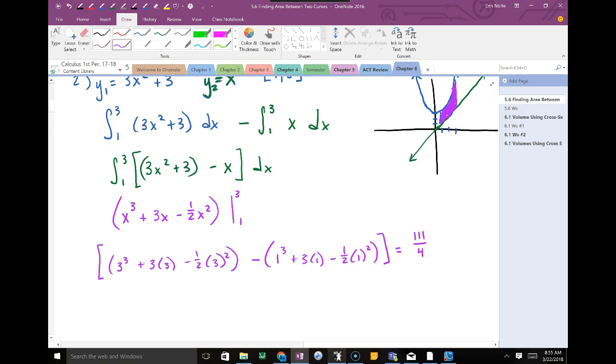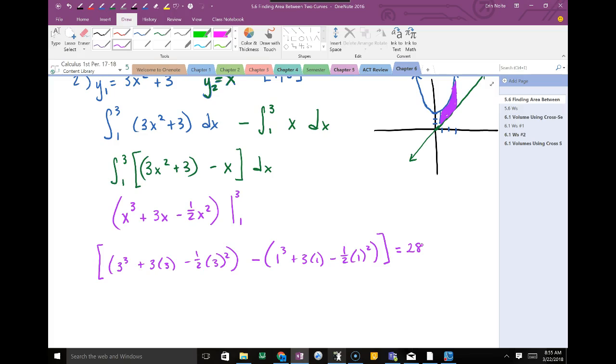So 28. Did people who got 11/4 figure out what you did wrong? Let me see your calculator. Tori got the same thing. Oh, you have a 0.5 squared. It's not, only the 1 is squared. So the very last term should just be 1.